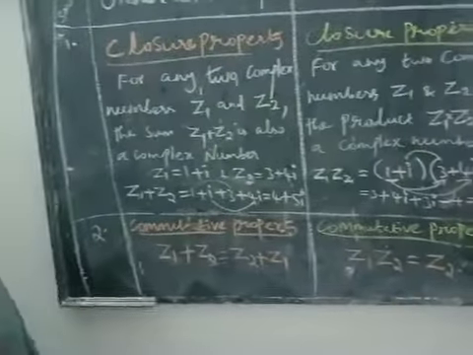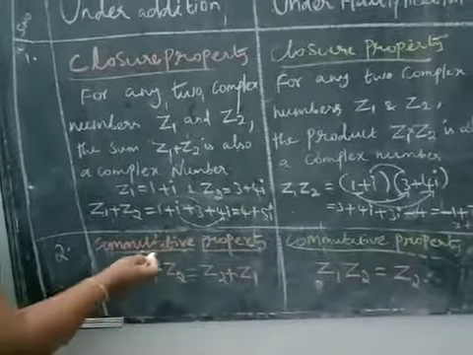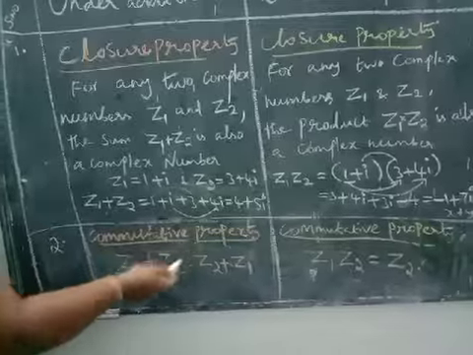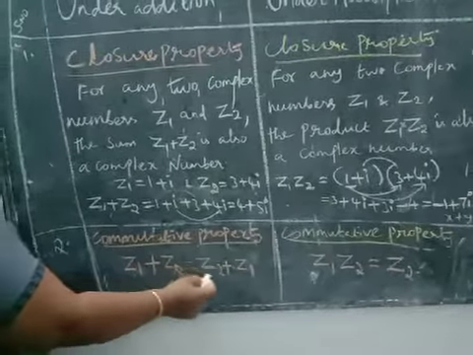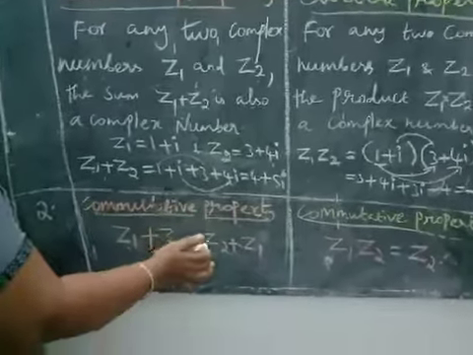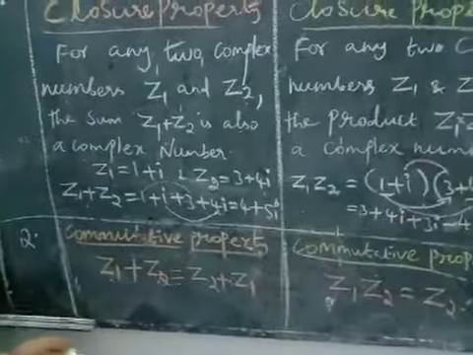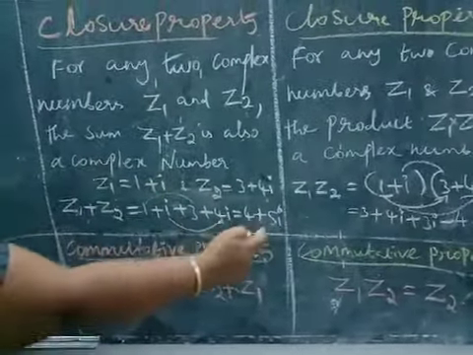Next, commutative property. For any two complex numbers z1 and z2, it satisfies z1 plus z2 is equal to z2 plus z1. Always the sum of these is equal to the sum z2 plus z1. See, here if we add z1 and z2, we will get 4 plus 5i, no?